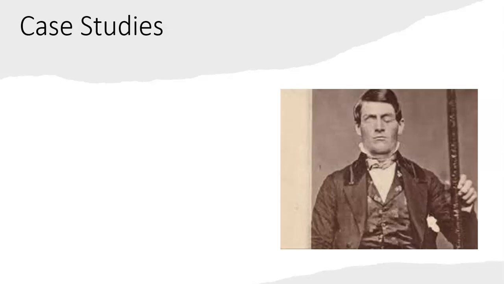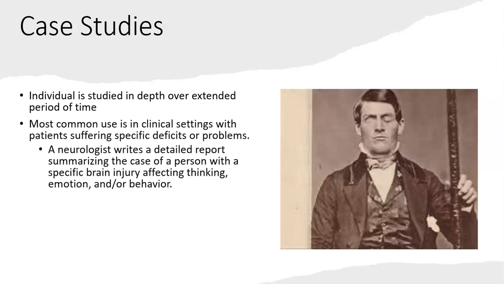Case studies, as I mentioned before, tend to be clinical in nature, and they may be a part of the neuroscience literature as well. Your authors give you the example of Phineas Gage, a well-known case study where you have a man who lived in the 1800s who was injured working on a railroad, I believe, and he had a spike basically that went through his head and caused brain damage, but he survived and went on to live after that injury.